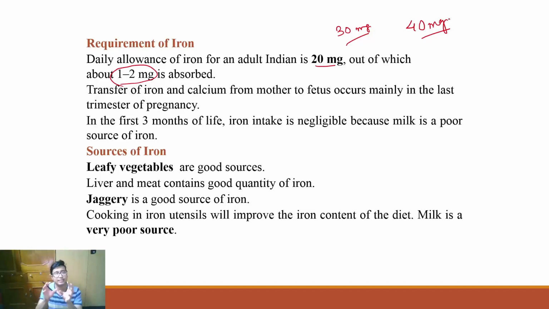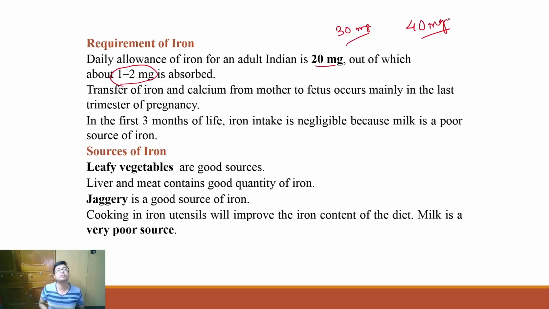So nature has designed it in such a way that the fetus will suck out all the iron from the mother, so that its reserve is adequate for the first 3 months. That is another scientific reason, because for at least the first 3 months, the source should be only exclusive breast milk.